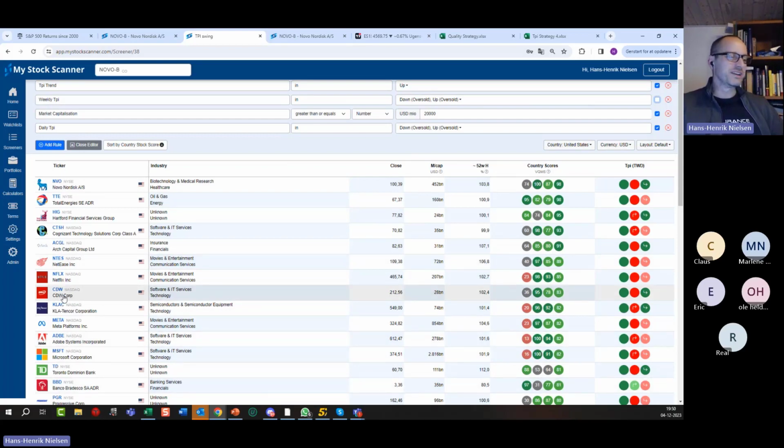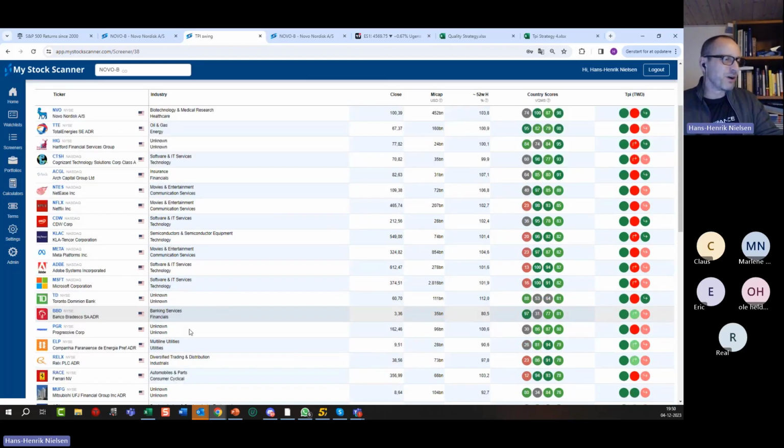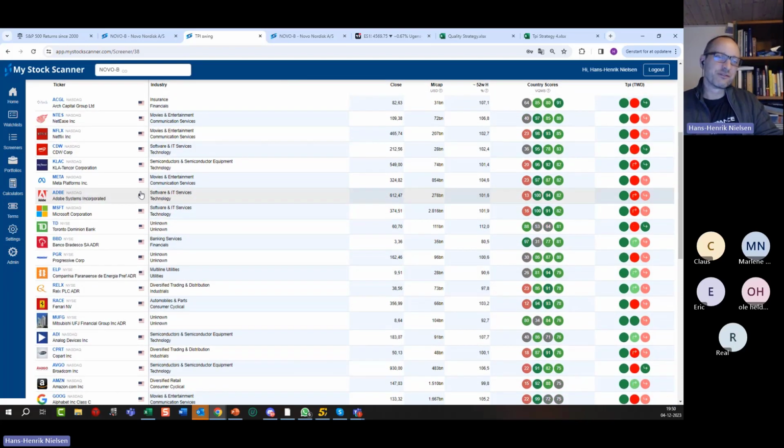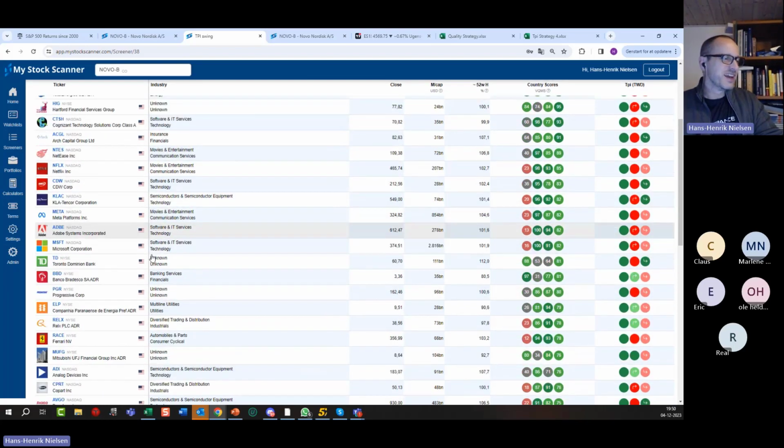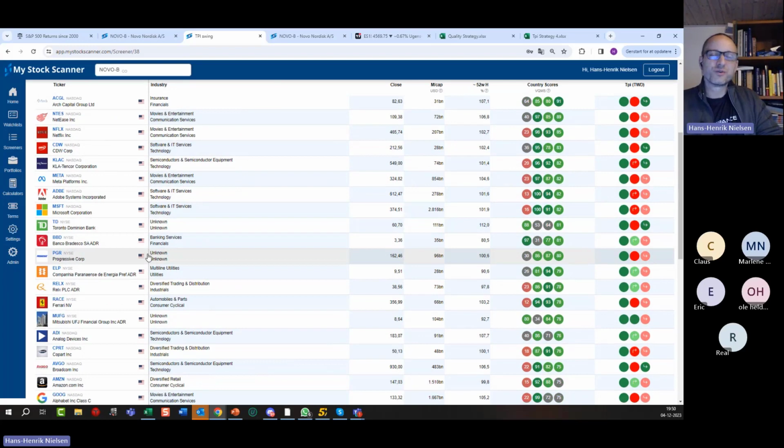Well, I have no idea what they are doing. It says software and IT services, but that can be a million things. But I could choose any one of these that fulfilled the criteria, and I could buy them, and I would know that statistically that would give me an edge, even though I had no clue of what the company was doing. All right.